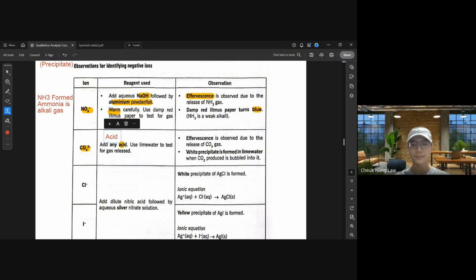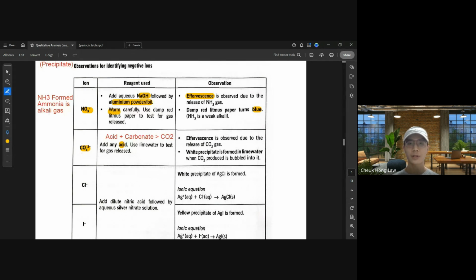One of it was acid plus carbonate, which gives you salt, water, and carbon dioxide. Its main point is carbon dioxide, the gas that you want to test. Firstly, you add any acid. The acid will react with the carbonate ion, then will form the salt, water and carbon dioxide.